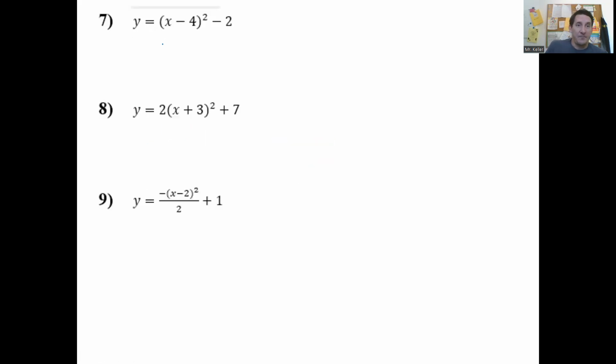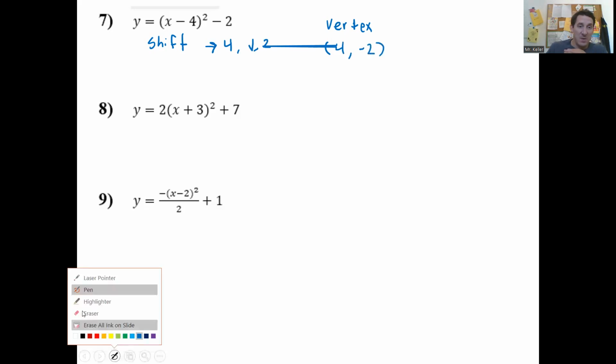All right, so here, this is going to be a shift right 4, and then down 2. So the new vertex: right 4 is going to put the vertex at 4 in the x direction, -2 in the y, because it's going down 2.